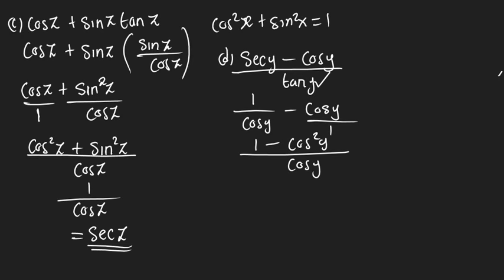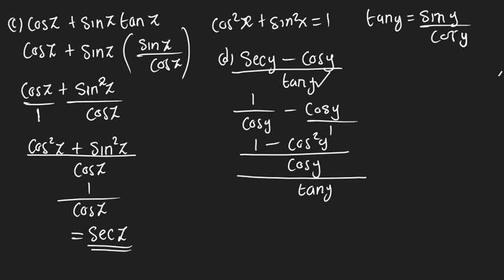Now, upon reaching this part, I can bring in all over tan y. But I know that tan y is simply sine y over cosine y, right?